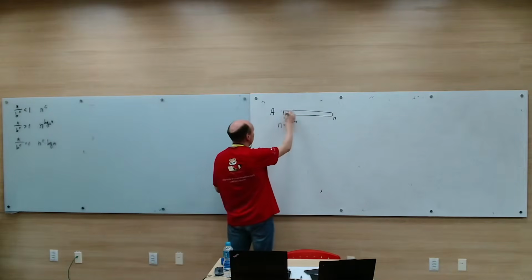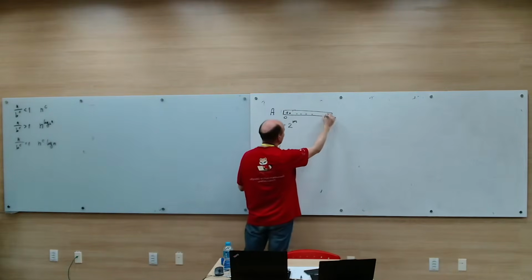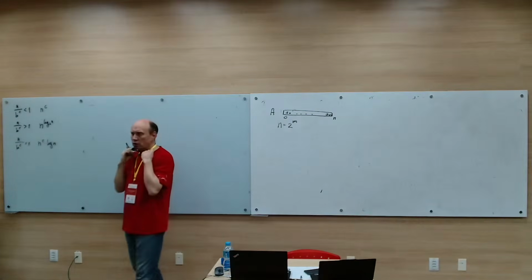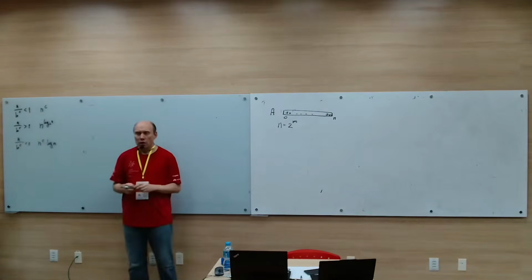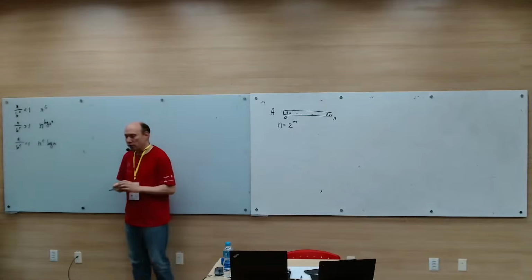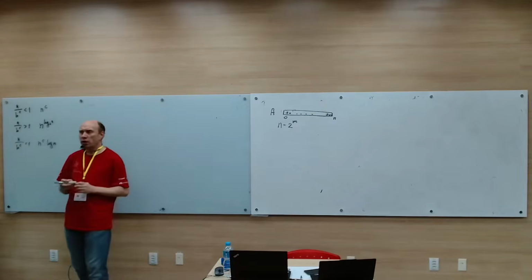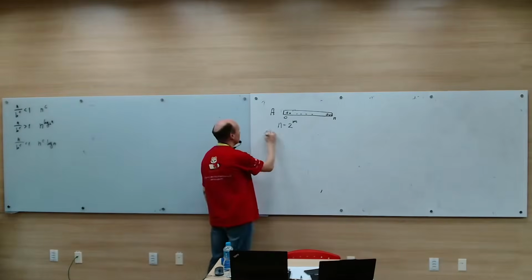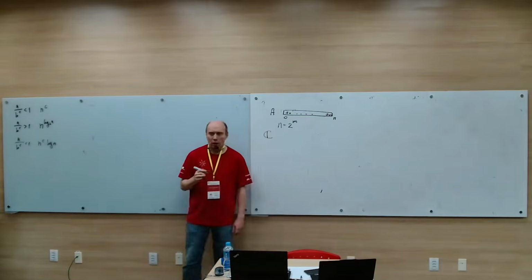We will have two parts actually for this. The first part, we will consider the elements of the array to be complex numbers.